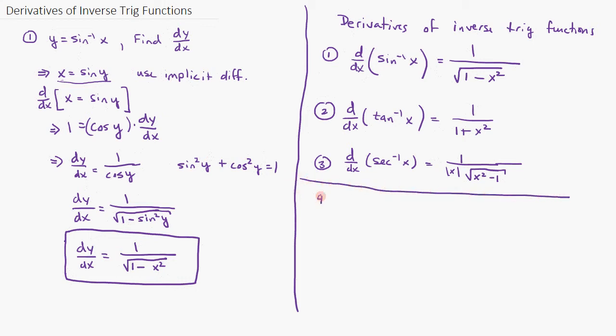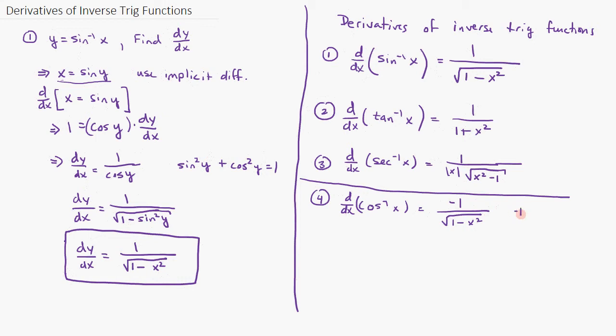But I'll just write down the other ones to be complete. The derivative of inverse cosine is minus 1 over the square root of 1 minus x squared.